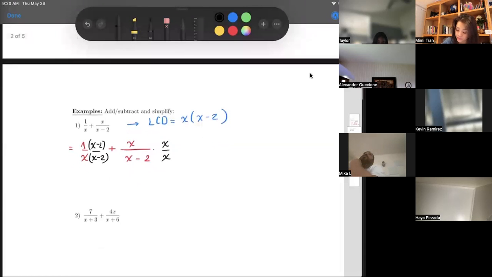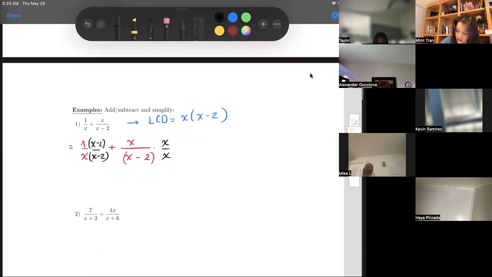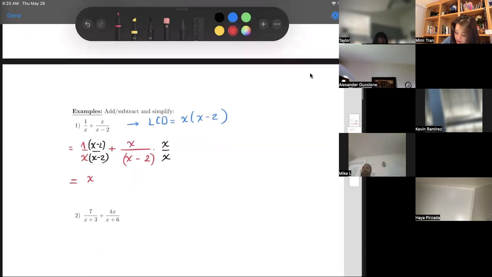Now they have a common denominator, right? All you have to do is add across. So the top for the first one, I have x minus 2, because x minus 2 times 1 is x minus 2. The second one is x times x, which is x squared, divided by x times x minus 2.